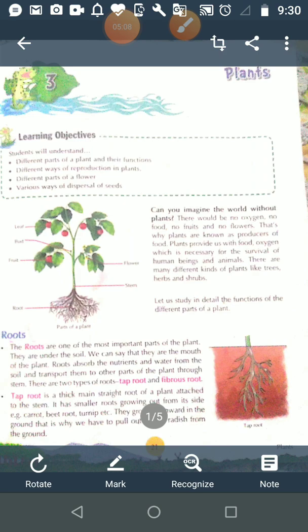Student, when you are watching the video, please take one rough copy and pen or pencil, and what I am explaining to you, please note down the important points of the topic. After watching the video, open the book, read it, and do the recapitulation of the topic.